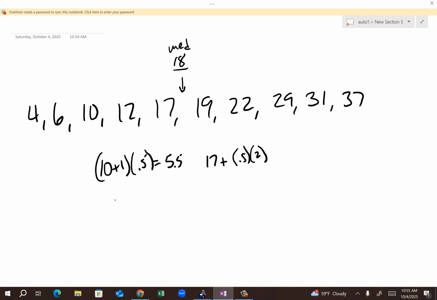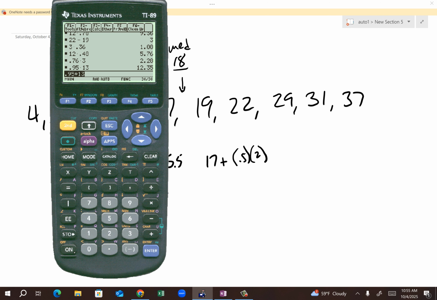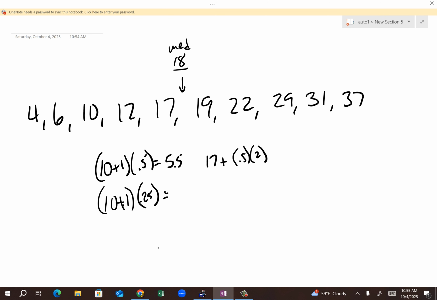Well, what about if I want the 25th percentile? 10 plus 1 times 0.25. It's 11 times 0.25, and you get the 2.75 term.